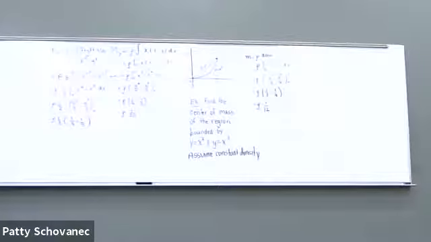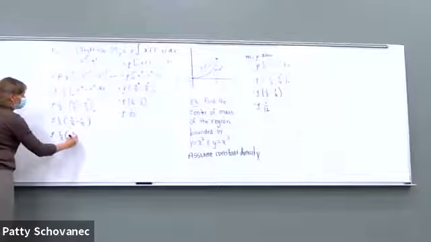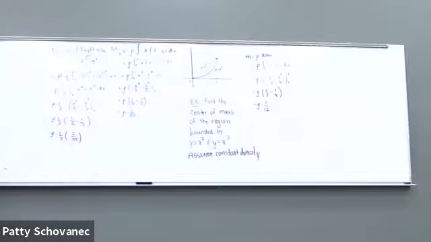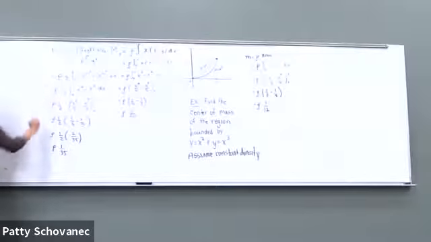So we get 2 over 35. All right, cancel that 2 with the 1/2, and I get density times 1 over 35 as our moment with respect to the x-axis.